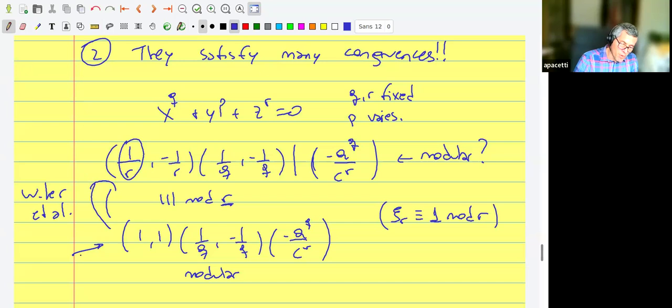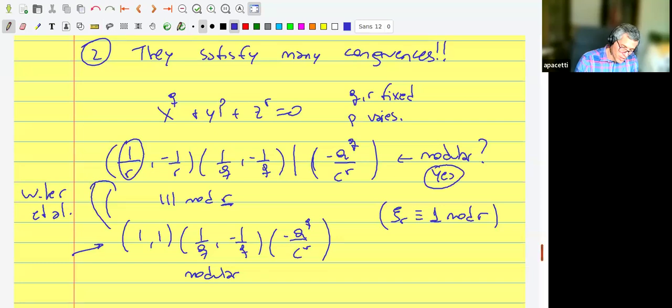And the fact is that the motives have a lot of such congruences. So in many instances, you can actually prove that many of these motives are actually modular. And then in particular, knowing that it's modular, it says that it comes from a modular form.